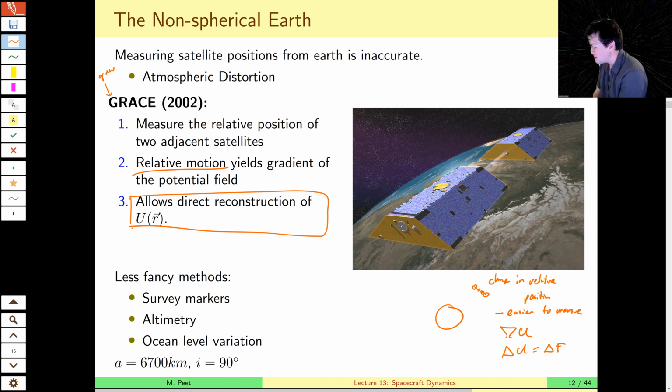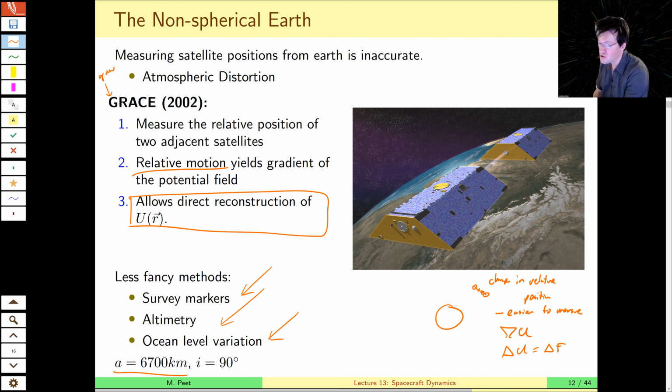Of course, there are less fancy methods: survey markers, ocean level variation measurements, sort of more modeling of the problem. GRACE was actually at lower orbit, because you can measure the relative motion, that allowed us to do this at lower orbit, unlike the LAGEOS project, where you wanted to avoid drag.